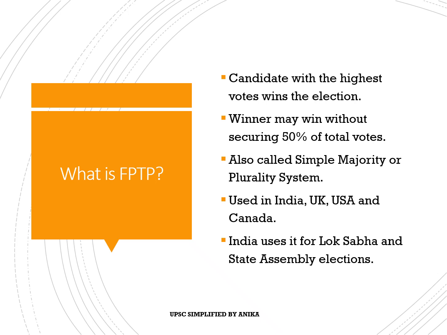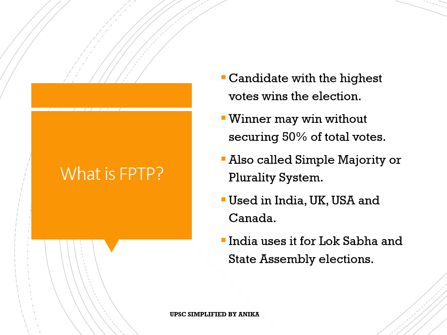What is first past the post system? The first past the post system, also called the simple majority or plurality system, is an electoral method in which the candidate who receives the highest number of votes in a constituency is declared the winner.